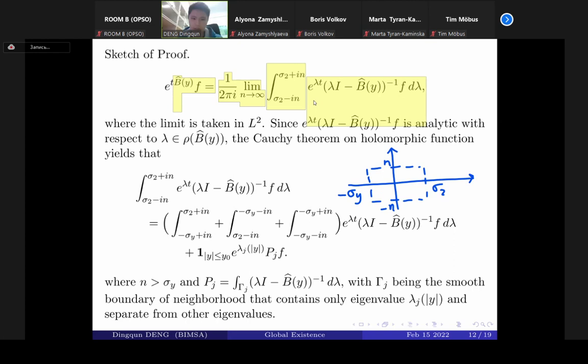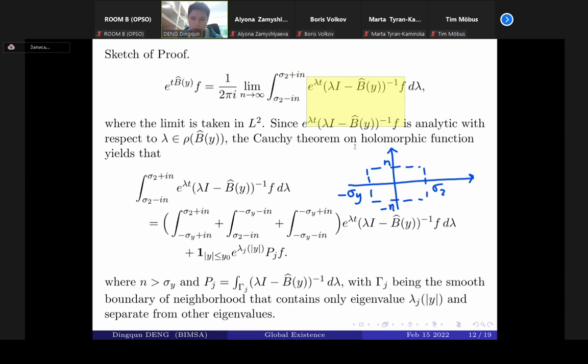Here sigma 2 is some positive number, and we are going to use the Cauchy theorem for holomorphic functions, because the integrand in this integral is analytic with respect to lambda.